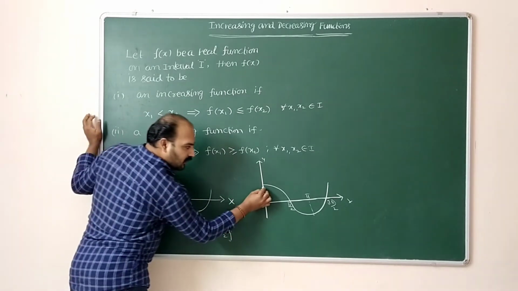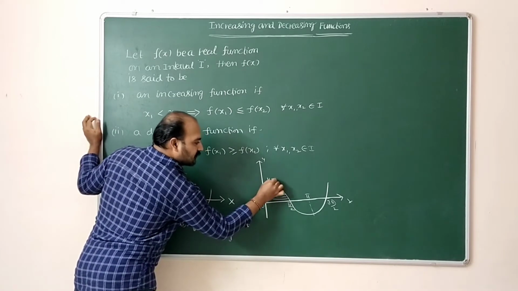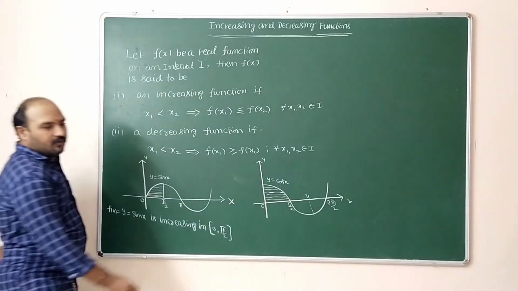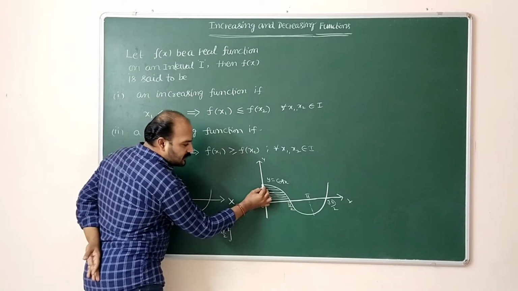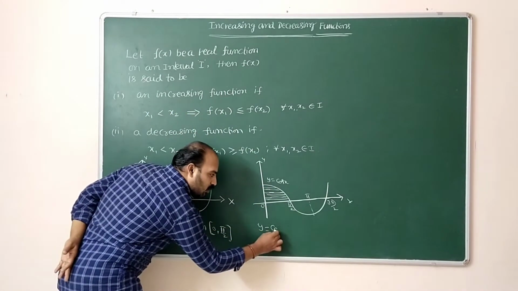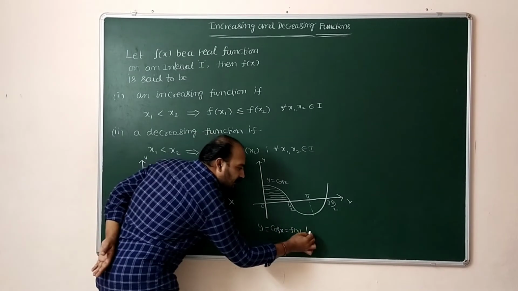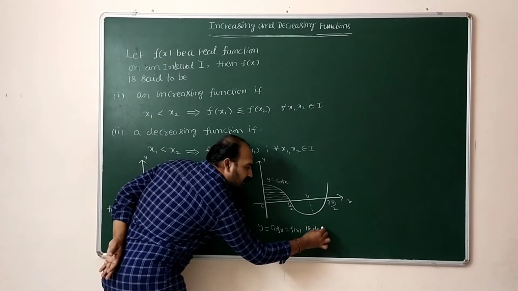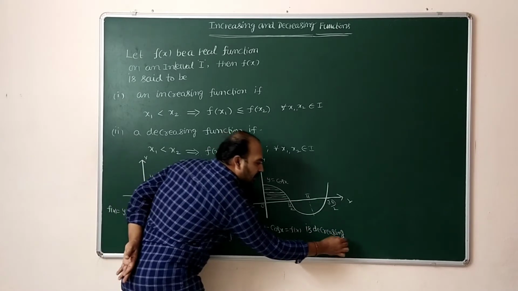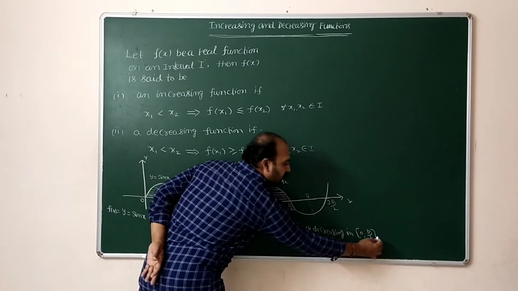By observing the curve y is equal to cos x, from 0 to pi by 2 the curve is decreasing. So we can say that y is equal to cos x, which is f of x, is decreasing in the interval 0 to pi by 2.